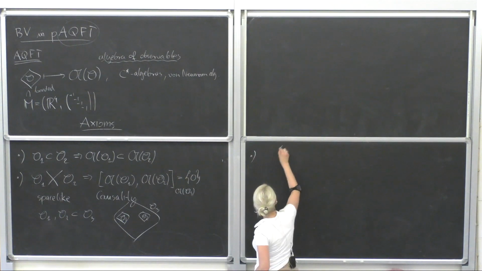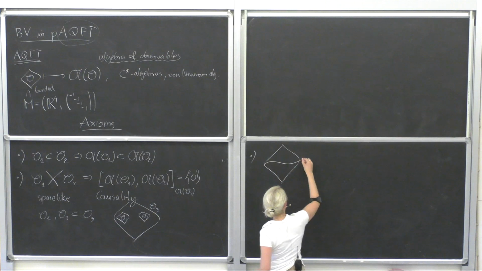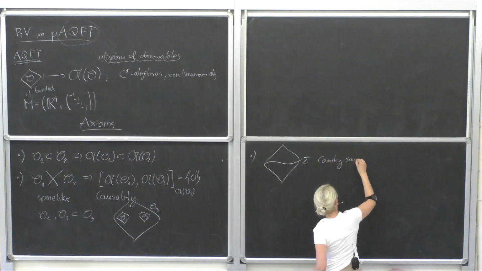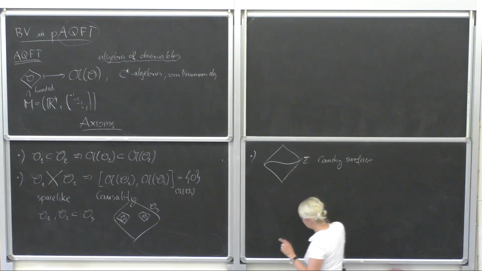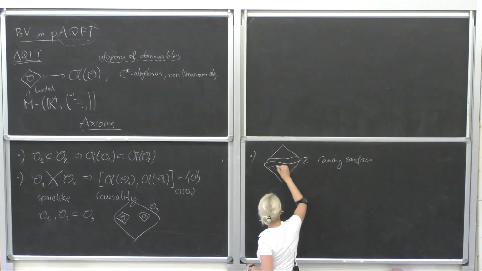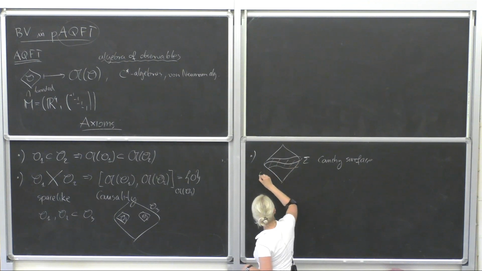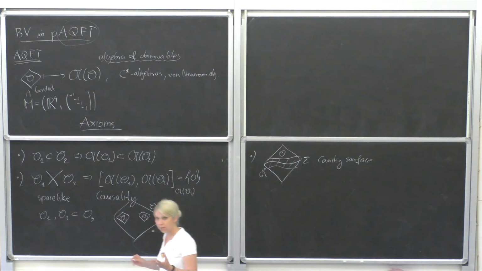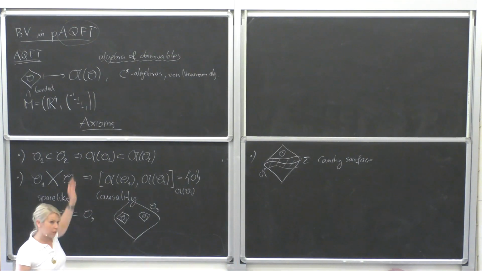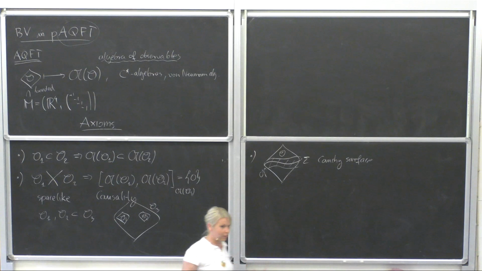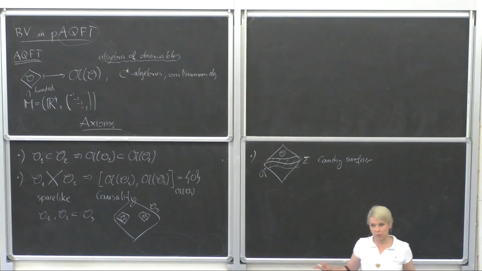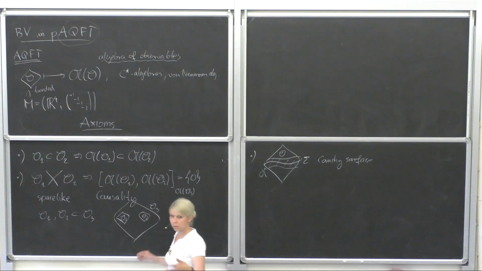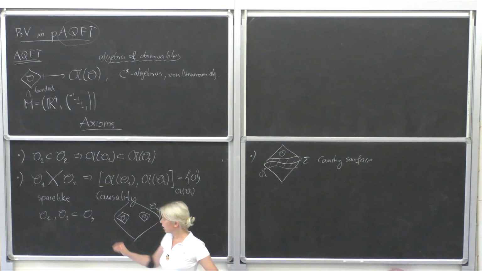So if we have a region with a Cauchy surface, and then we take a neighborhood of the Cauchy surface, let's call it N, and this is O. In classical field theory, in Lorentzian signature, nice theories will have a well-posed Cauchy problem, which means that solutions to field equations can be reconstructed from the Cauchy data in the neighborhood of the Cauchy surface.